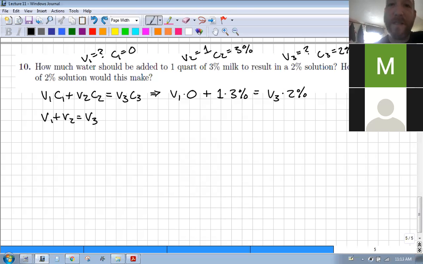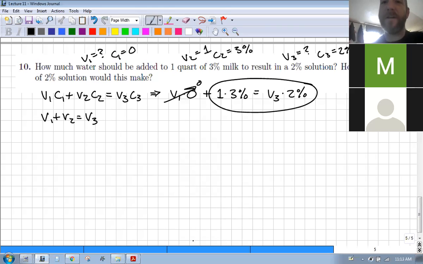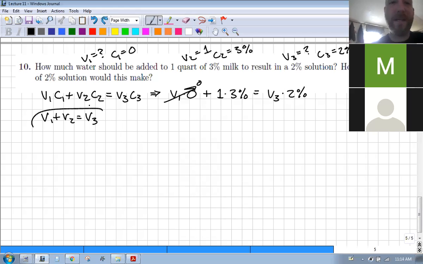Whatever V1 is, V1 times 0 is just 0. So look at that. That thing there lets us solve for V3. Once we know what V3 is, we can plug it in down here and solve for V1. So this guy here tells us that V3 is 2%. Hold on, 3%.